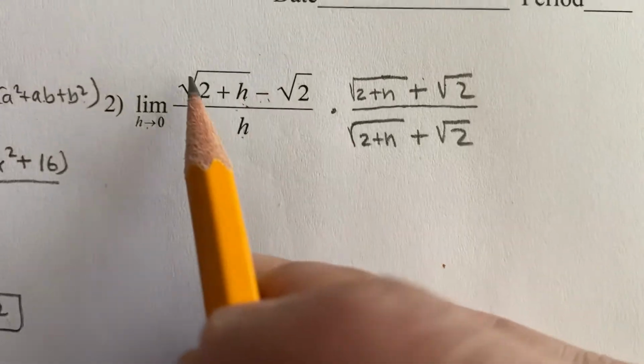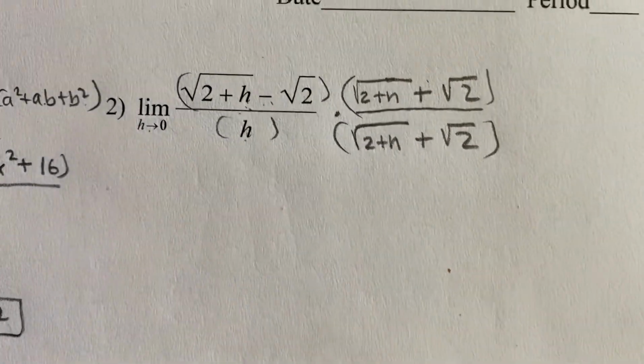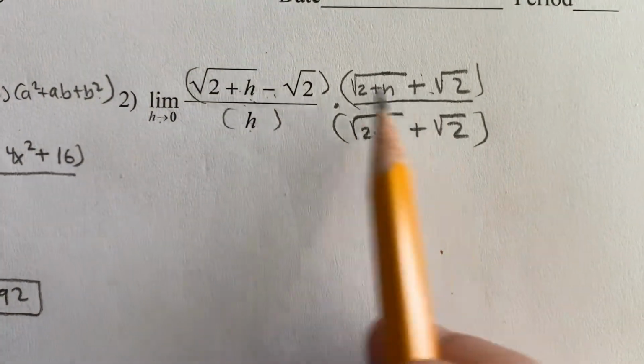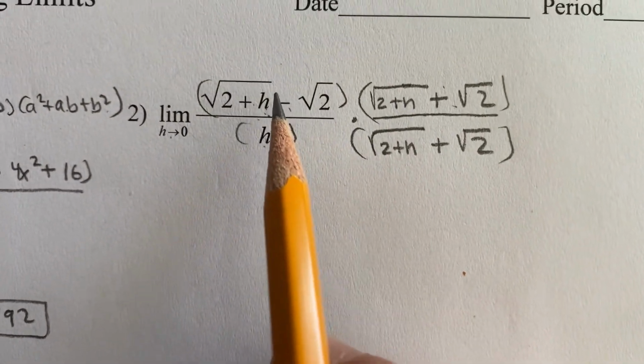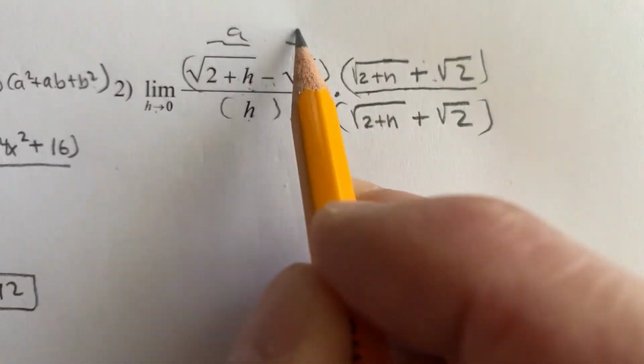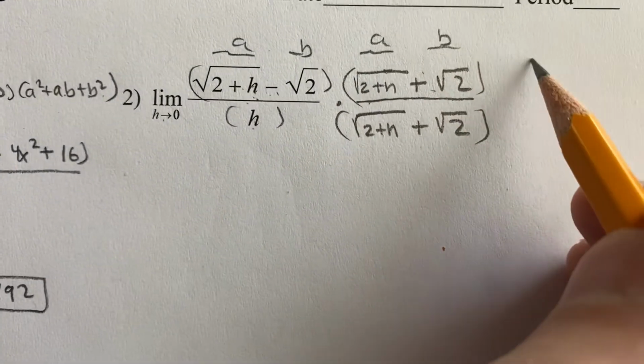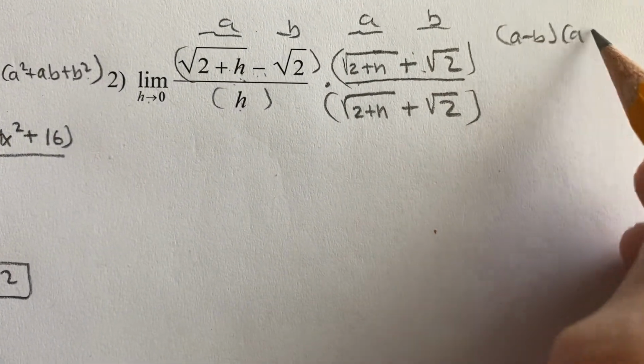And whatever I multiply the top by, I'm going to multiply the bottom by. All right, so make sure you put this in parentheses to help you visualize when you FOIL this. So in my numerator, when I multiply something by its conjugate, it's the sum and difference pattern, right? This is a minus b times a plus b. So again, this is all algebra, okay?